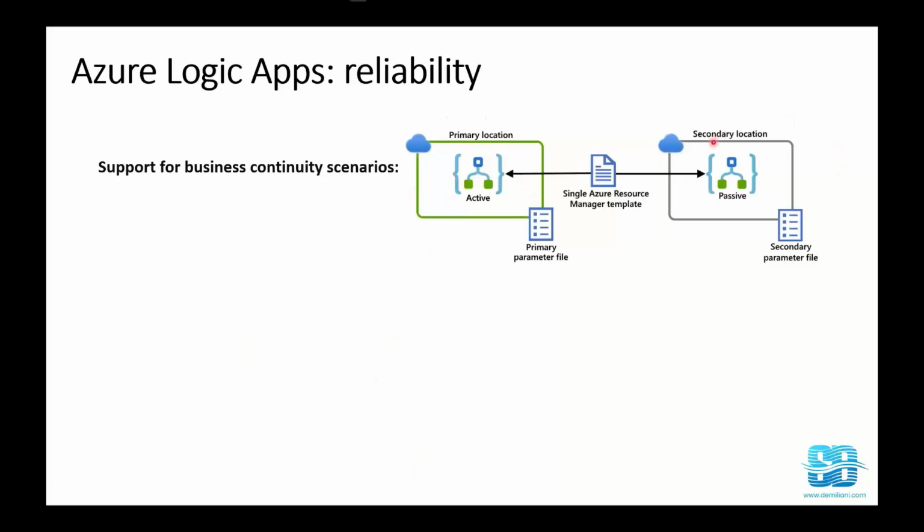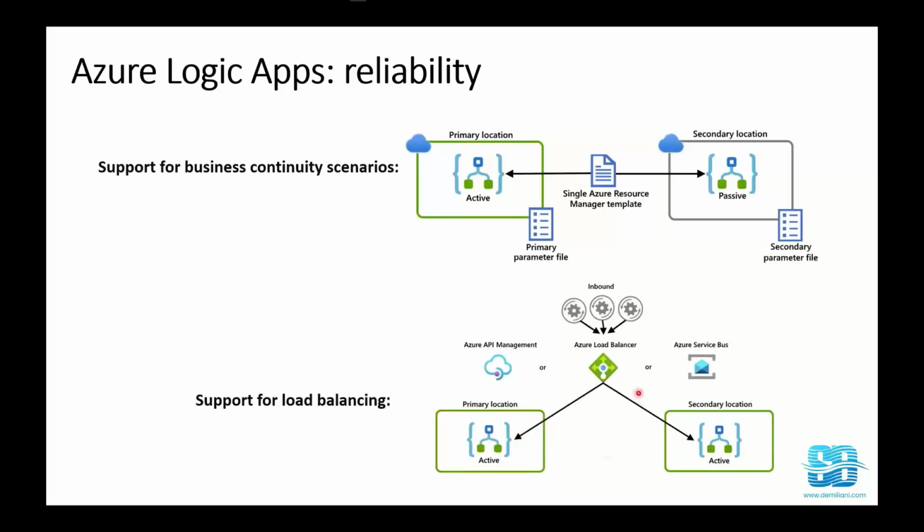You can have a primary location and you can have a secondary location, and you can have a workflow that runs in different Azure regions accordingly to the customer that you have. And also you can load balance that. So Logic Apps can also be load balanced, and this permits you to have a workflow that can be split according to the data that you have in input to different Azure Logic Apps instances that can process the file accordingly to the load.